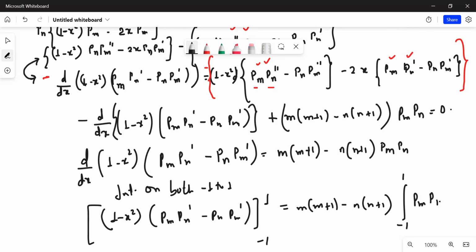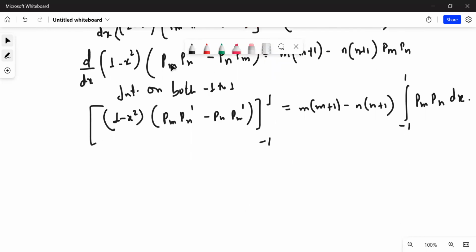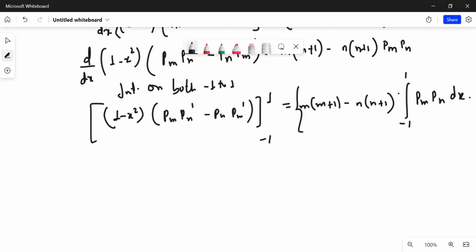This is pm, this is pn dx. Okay, and one can see that this particular thing would vanish anyhow. See, place x equal to 1, this would be 0. Place x equal to minus 1, this would be 0. So in any case, one can find this integral from minus 1 to plus 1 pm dash, and there would be equal to what? It is equal to 0.